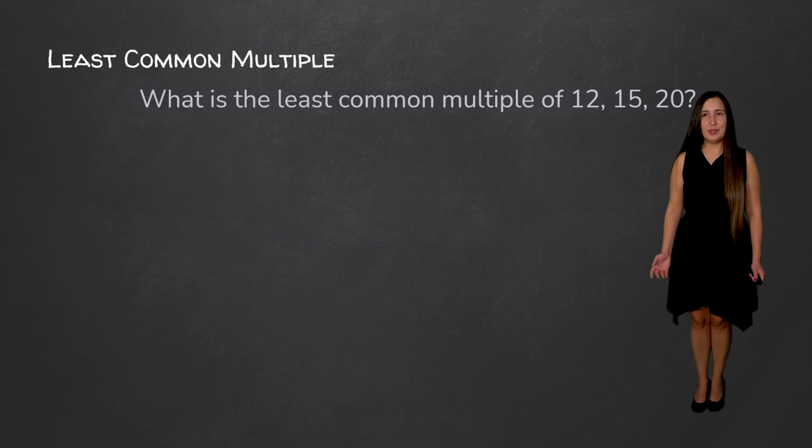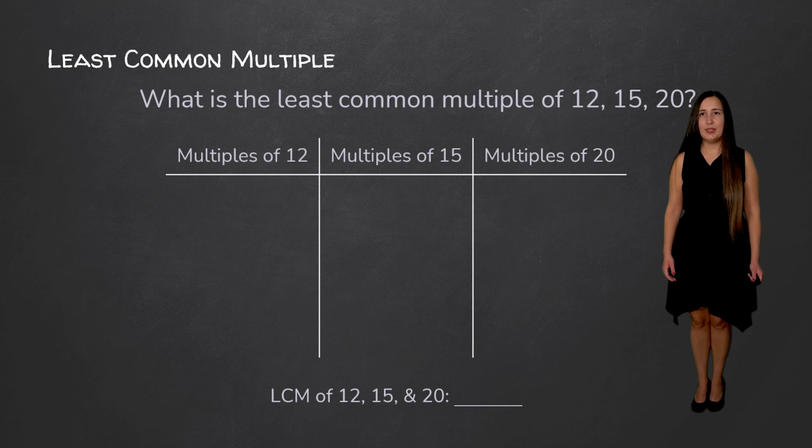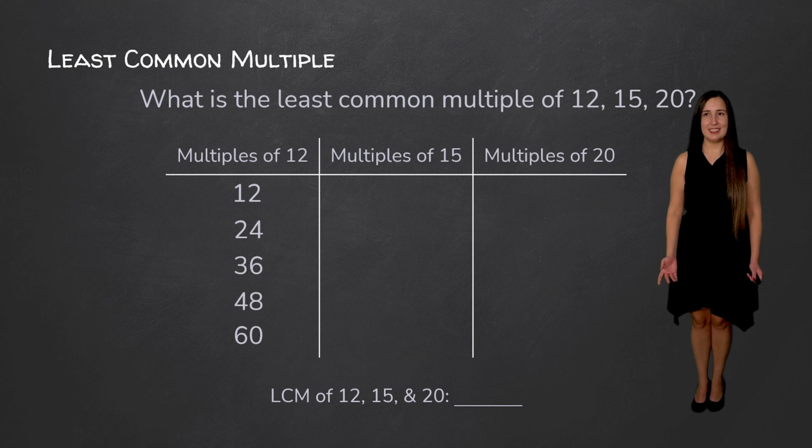Finally, we have, what is the least common multiple of 12, 15, and 20? So let's make a table. Our multiples of 12 are 12, 24, 36, 48, and 60. Our multiples of 15 are 15, 30, 45, 60, 75. All right?